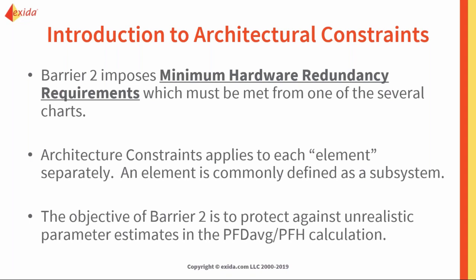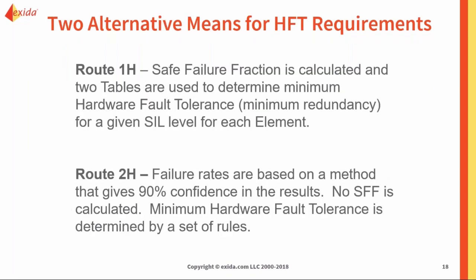The architectural constraints are evaluated for each element separately. So you might think of an element as being the final element, so the solenoid, actuator, valve combination together. And as I said before, it was set up to make sure that the PFD average or the PFH calculation isn't overly optimistic and people don't put in fake numbers just to get an overly inflated result.